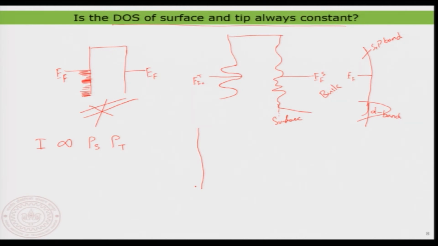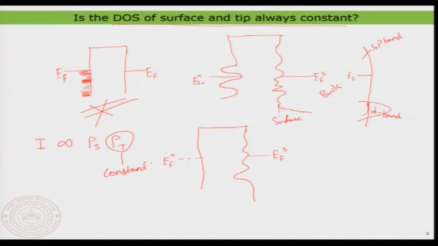Again, I am not drawing it straight because there is small variation. Then I can look at my sample, which has some kind of varying density of state. Somewhere here is the Fermi level of my surface, and somewhere here is the Fermi level of my tip. Then you can see this is my new barrier, and the density of state of the tip itself, that means this part, is a constant.